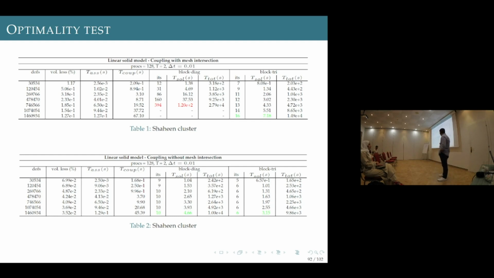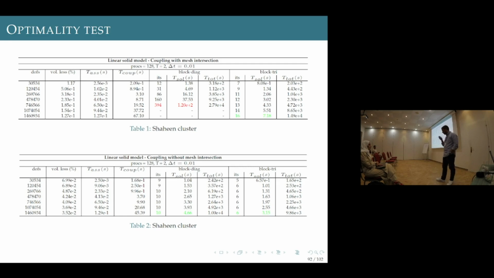The first one is that when we use the block diagonal preconditioner, in the case with the intersection, it doesn't work well. You can see here the number of iterations is almost 400, while for the block triangular, in the same case of the intersection, we have 16. For the coupling without mesh intersection, we have 10 and 6.